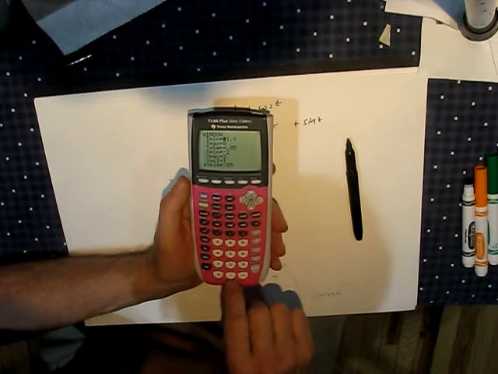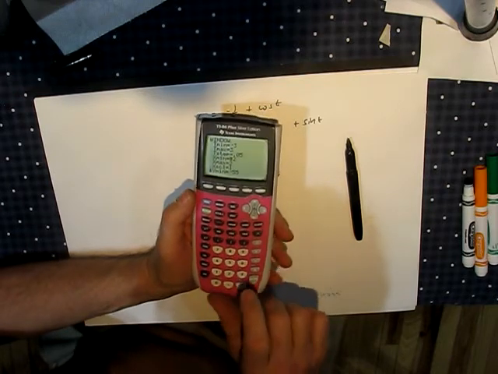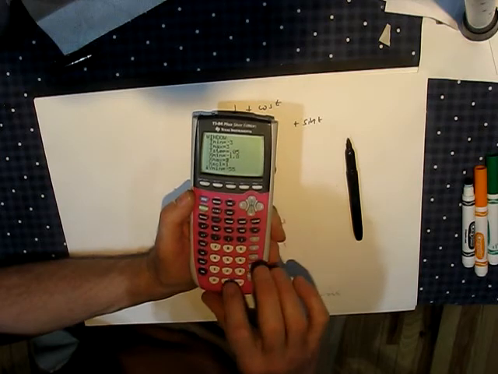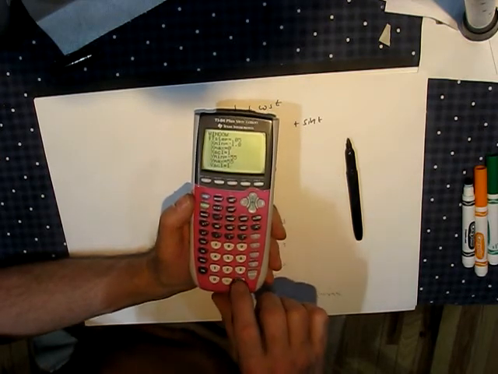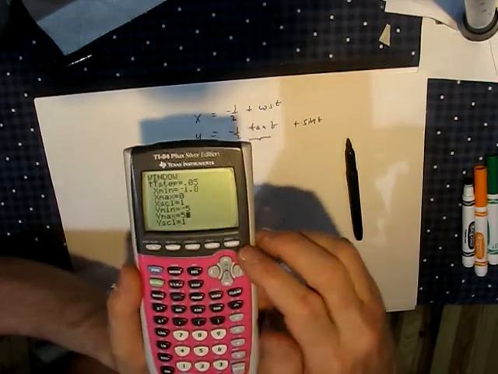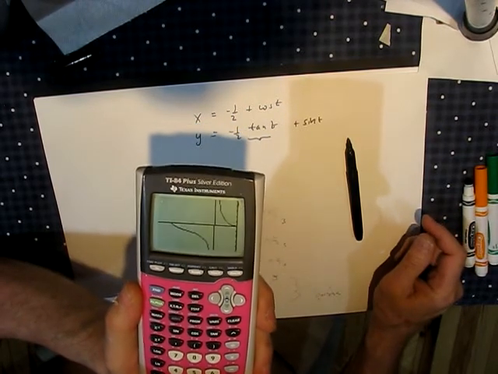Sorry, that was the wrong place to go. Minus 3 to 3 in the t values. The x values, I'm going to start at minus 1.8 and go just to 0. And obviously the 55 was really quite large, so let's try minus 5 to 5, see if that helps. And now we're going to do the graph. There we go.